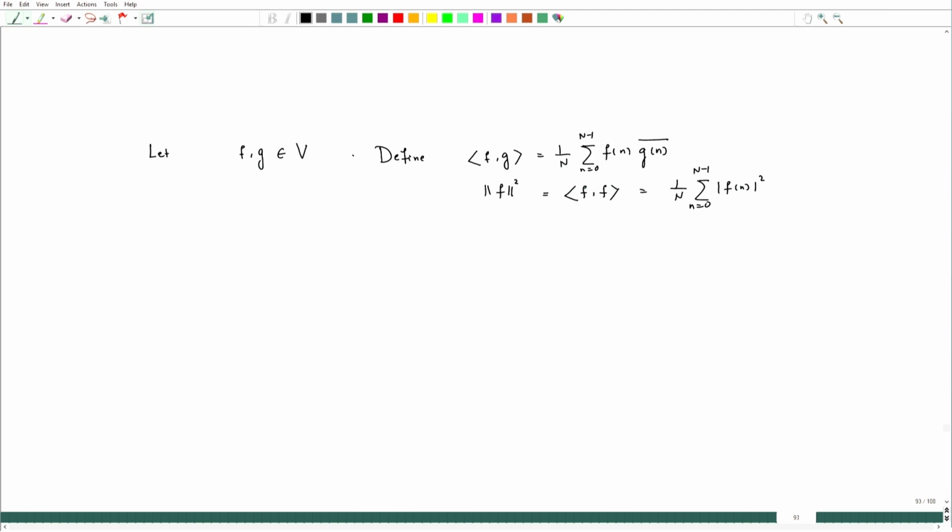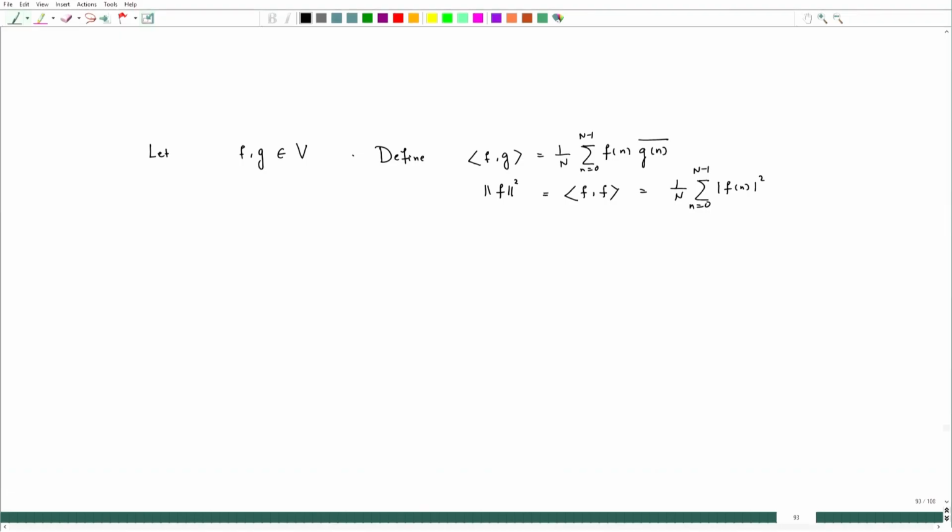So, now what we need to find out is whether we have the inversion and Parseval identity in this setting.